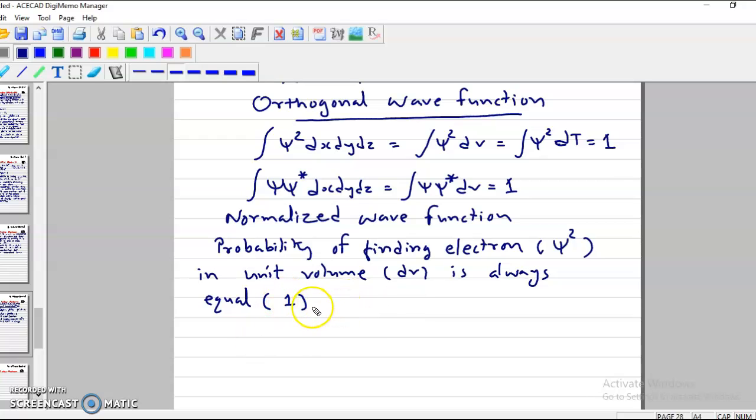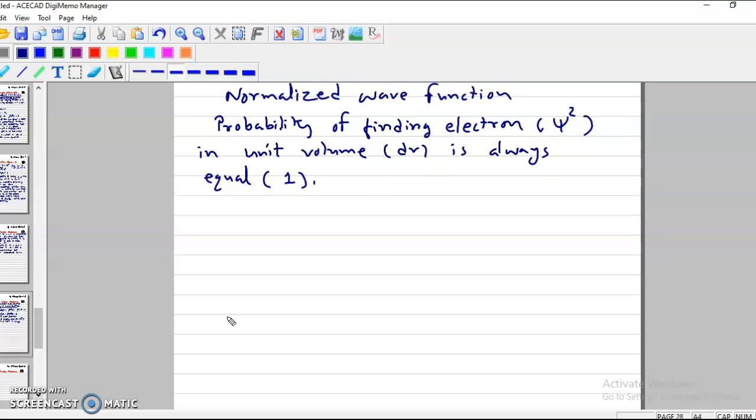Okay, so this is the interpretation of this kind of normalized wave function. This is what normalized wave function means, that we can find the electron in all directions equally.